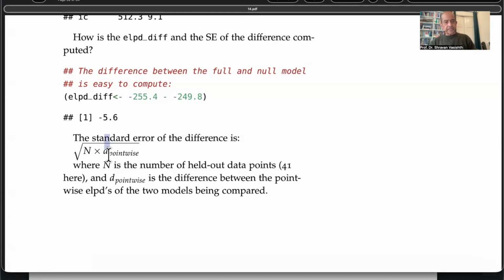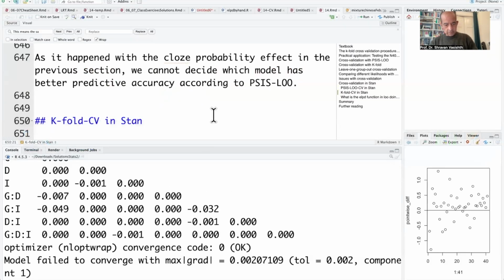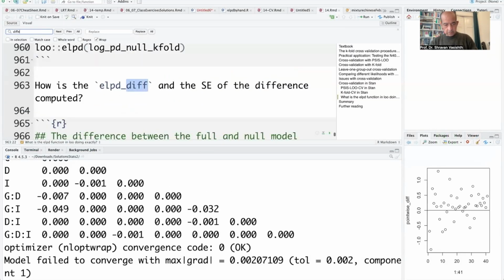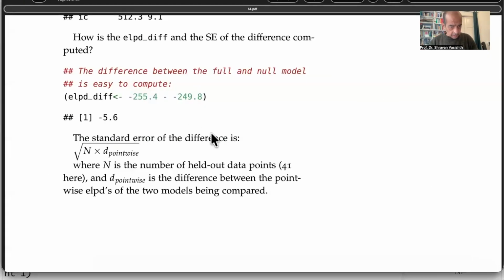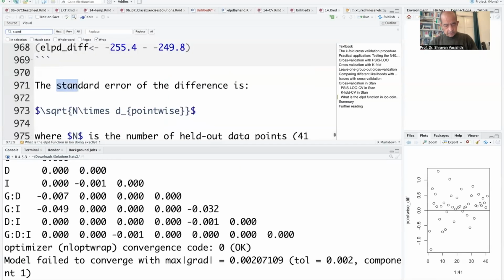This should have been the variance of the d pointwise. Let me fix that right away. Sorry, standard error of the difference. So this should have been variance.